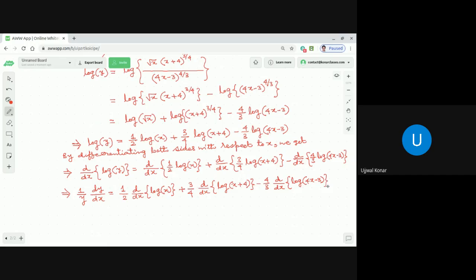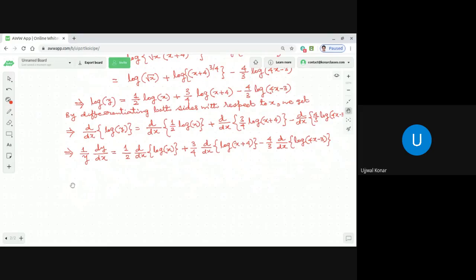Correct or not? So this implies what we are going to get is 1 by y dy/dx. So let it be there. What is y? y is our assumption, the big term, that exact function, right? We will multiply that later. That is not a big deal because you already found it out.